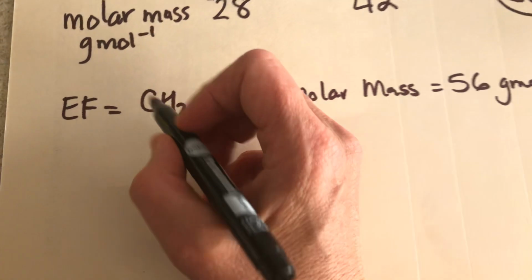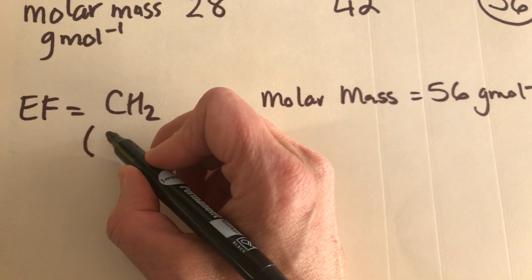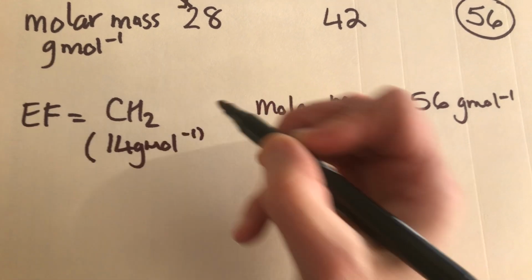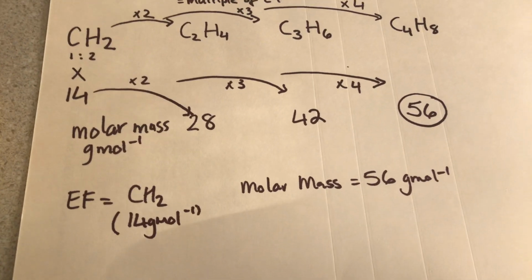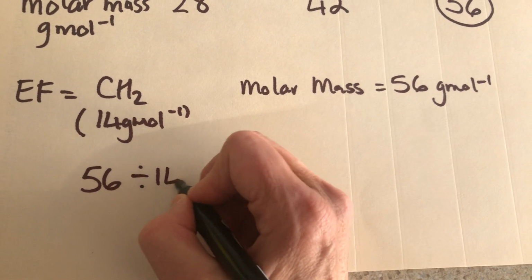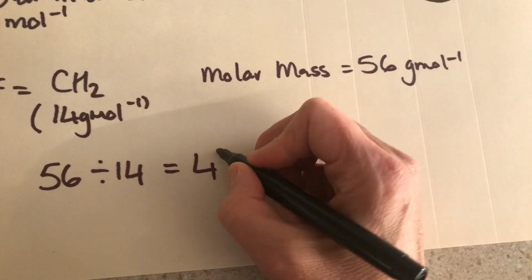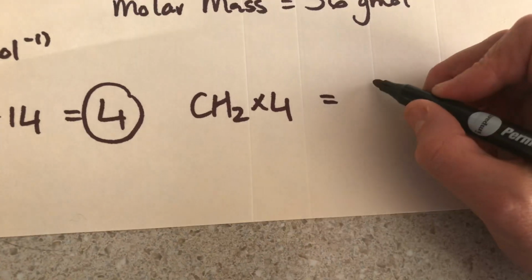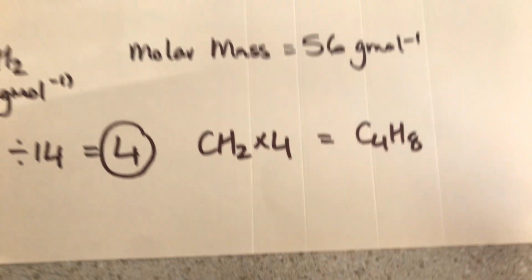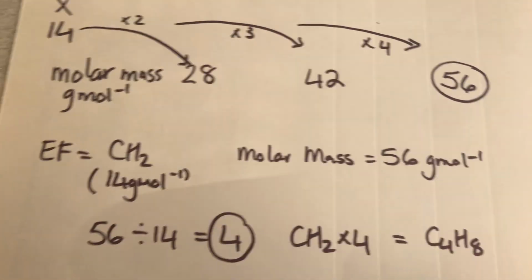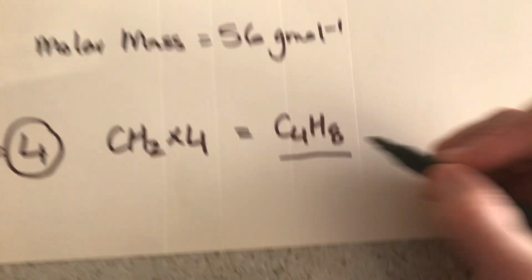So what we would do is work out that the formula mass for this is 14 grams per mole. And I know that my actual molar mass is 56. So 56 divided by 14 would give us 4. And I therefore know I have to multiply CH2 by 4, which will give me C4H8. Okay, so I've used my molar mass and my empirical formula to work out the actual formula of my molecule.